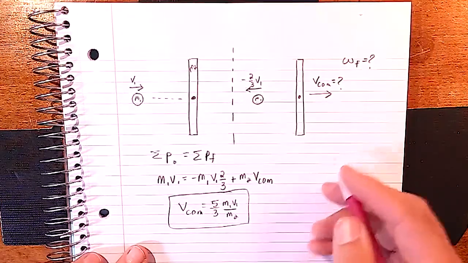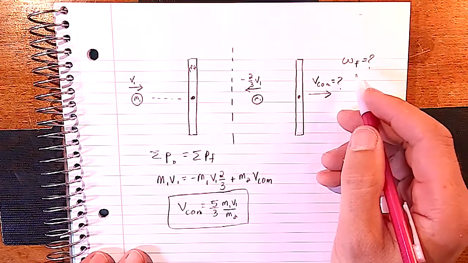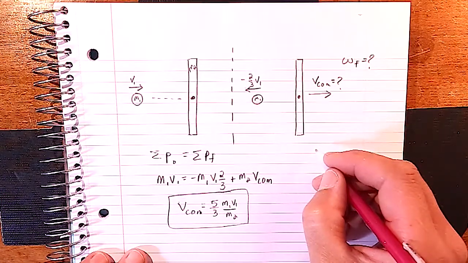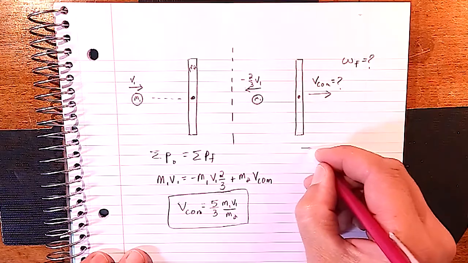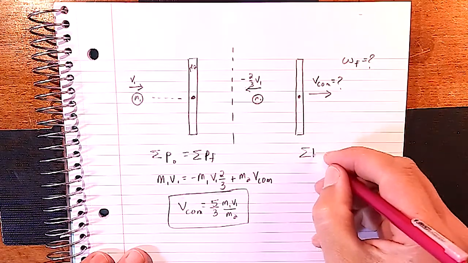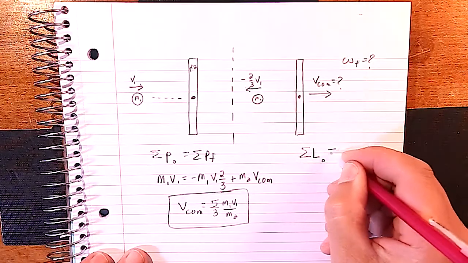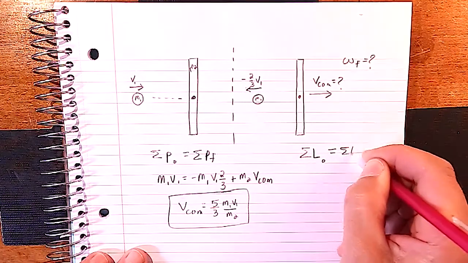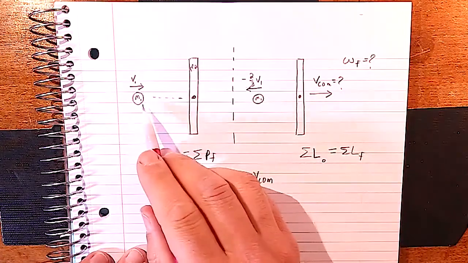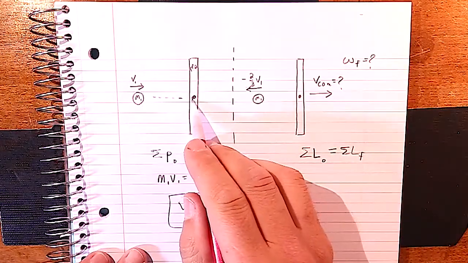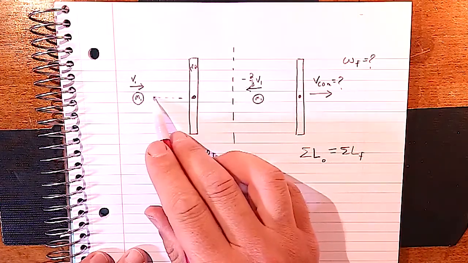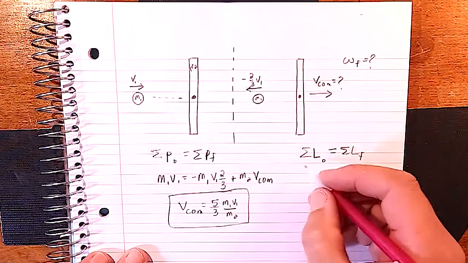Now, the second question was, what's the final angular velocity? So there are no net external torques on the system, so we can say that angular momentum initial is going to be equal to the angular momentum final. But think about this. The ball comes in, if this is our point of origin, that's our point Q, then the radius is 0 for that.